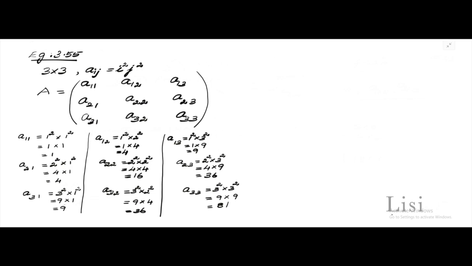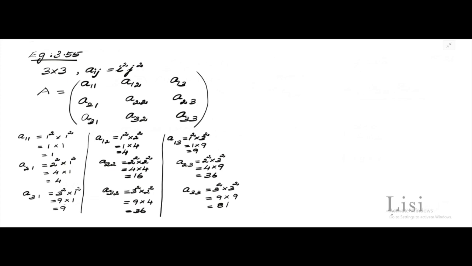Did you observe anything from here? See here, the solution part, I have written A11 and found the answer. A11, A21, A31, A12, A22, everything, isn't it? For the 9 elements I have found the answer. How have I taken it?